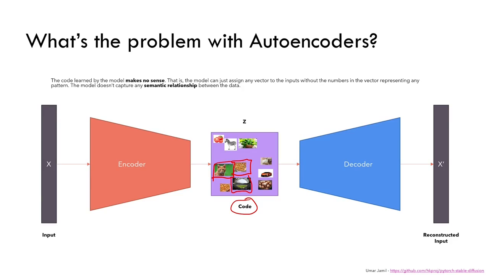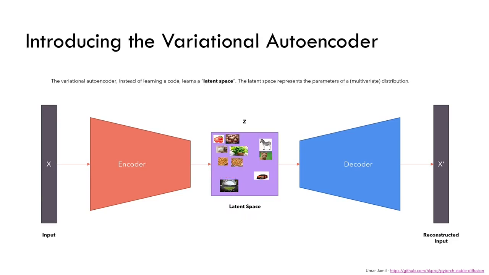To overcome this limitation of the autoencoder, we introduce the variational autoencoder, in which we learn to compress the data, but at the same time, this data is distributed according to a multivariate distribution, which most of the times is a Gaussian. And we learn the mean and the sigma of this very complex distribution. Given the latent representation, we can always pass it through the decoder to rebuild the original data. This is the idea that we use also in Stable Diffusion.